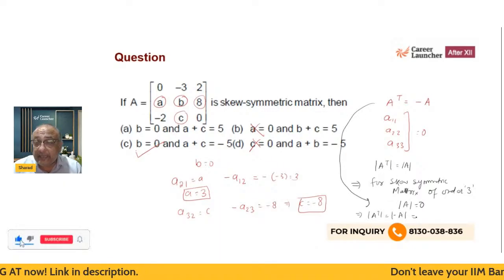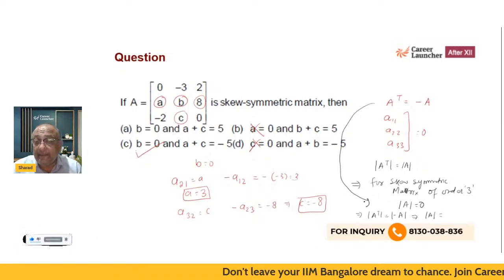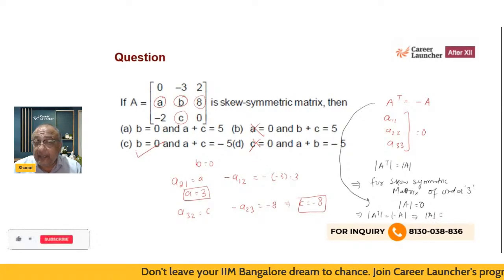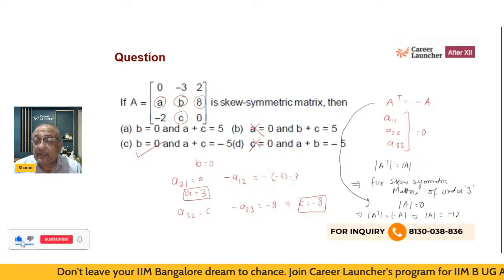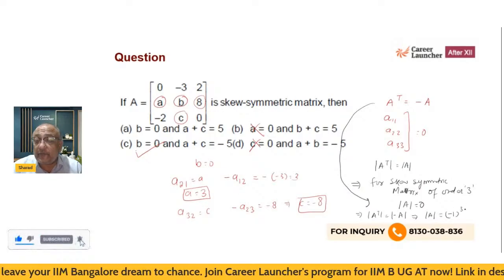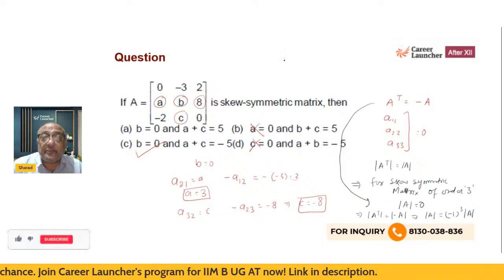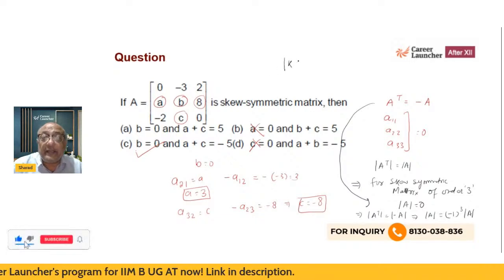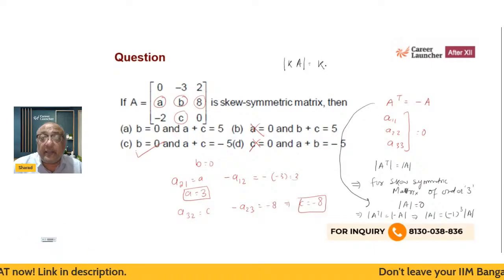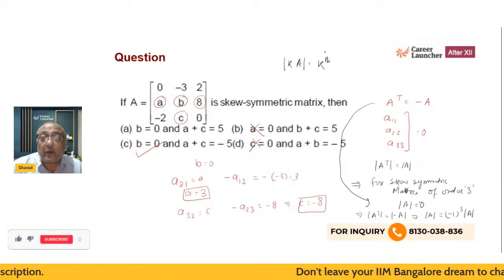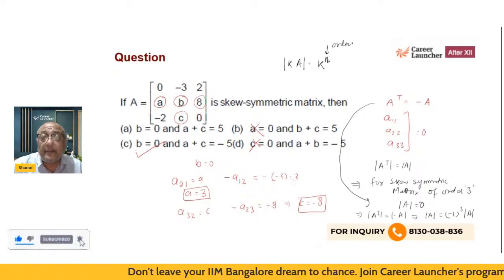And if it is there, then the determinant of A transpose is equal to the determinant of A, and minus A will become equal to minus 1 raised to the power 3. We will come to this, and I'm 100% sure all of you know that a scalar K multiplied by A is nothing but K raised to the power n, where n is the order of the matrix. N is what, kids? Order of matrix.